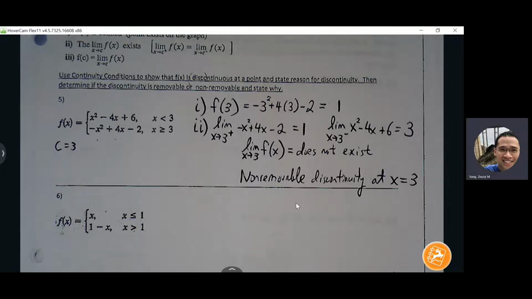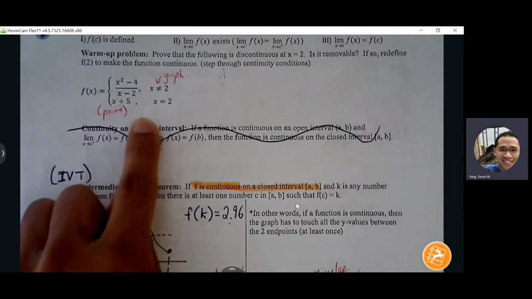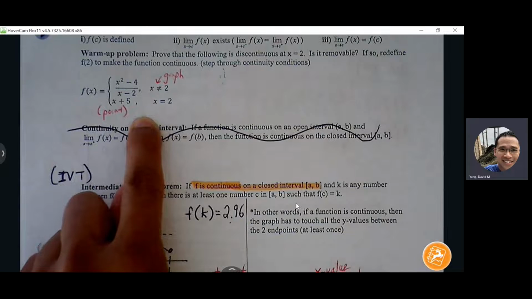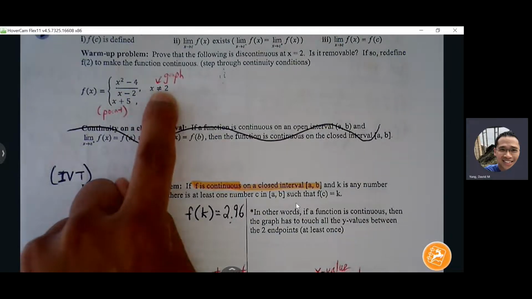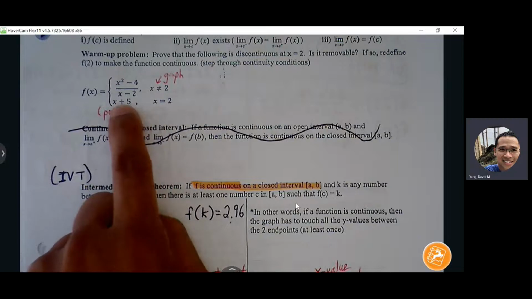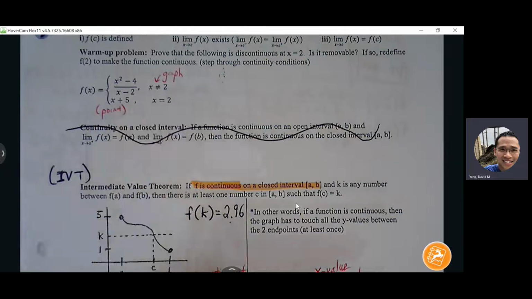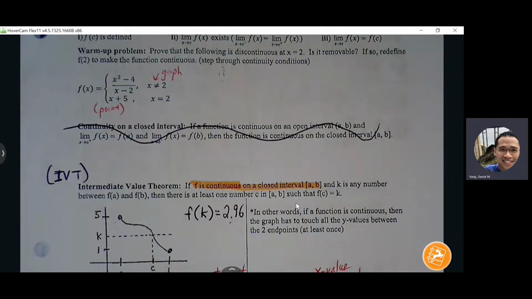We also saw problems that look like this. On page 13, we saw a problem where the piecewise function looked a little different, and the reason is because our restrictions are different. We have to understand that the x plus 5 is just a point, and we never take a limit of a point, right? There's nothing for us to move for.